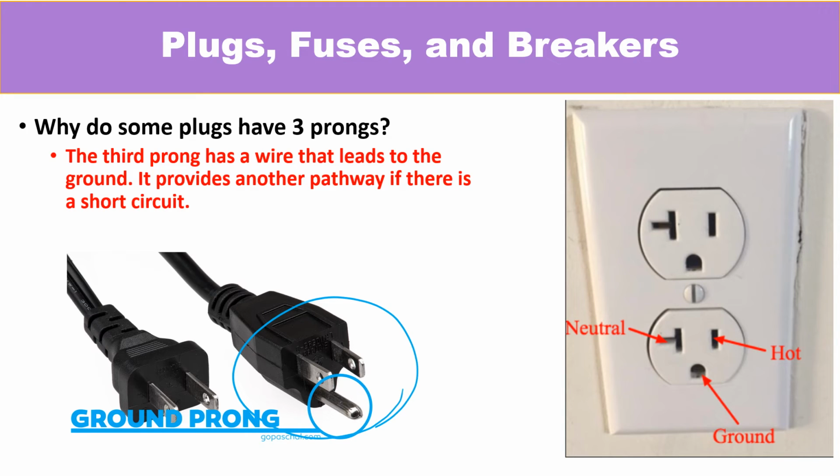The third prong, which I'm specifically talking about, this one over here at the bottom, has a specific wire that leads to the ground. This is something I like to highlight because grounding means electrons will safely go to another pathway to the earth without going through you.